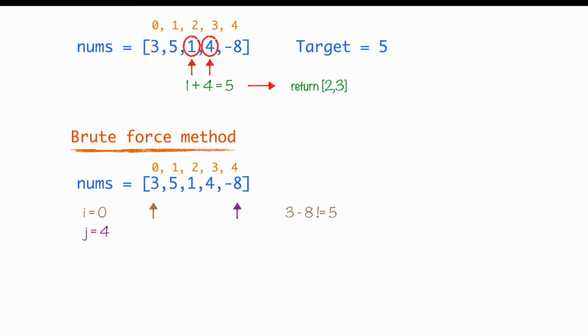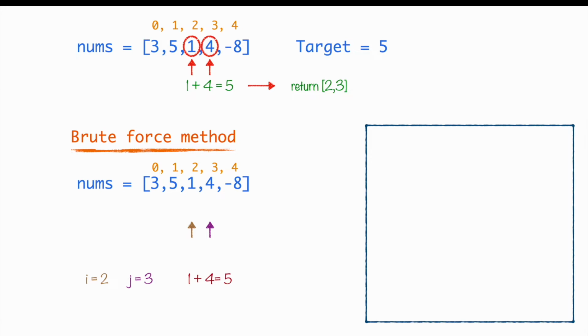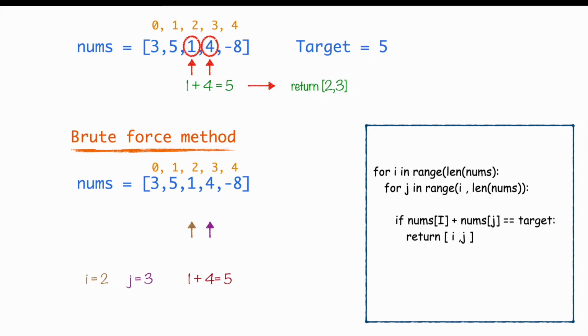Once J reaches the end of the list, we will have to update the pointer I to 1 and repeat this process. And at the end, it will find an answer when I is referencing 2 and J is referencing 3, the 1 and 4. So this is a nested loop, and quite simple.